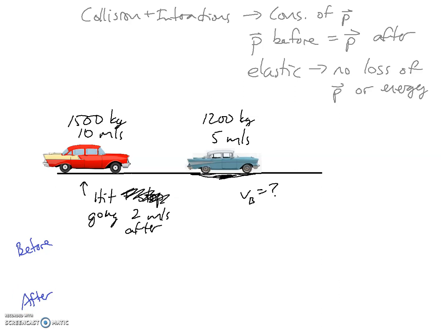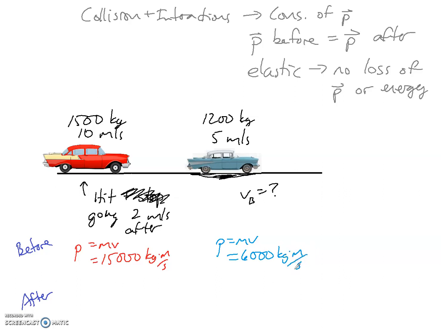My before for my red car has momentum, p equals mv, and if I do the mass times the v, which is 10, that's what we're starting out with, it's got 15,000 kilogram meters per second. I'm going to do the same thing for my blue car for before, p equals mv, its mass is 1,200, the v is 5, so if I put those two together, it's got 6,000 for momentum.